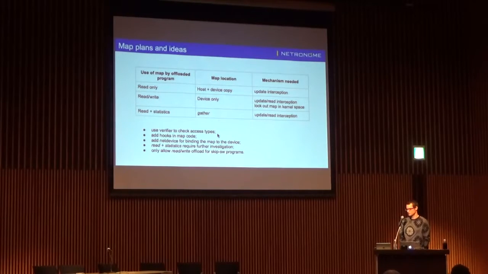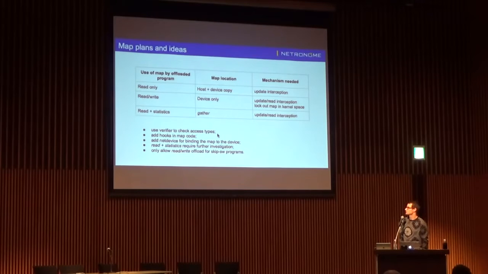If the BPF is modifying the state and the kernel data path is modifying the state at the same time, there is no way for us to synchronize this with reasonable performance. So we have to find ways around it, and we have identified three use cases of maps that we'll be targeting initially.